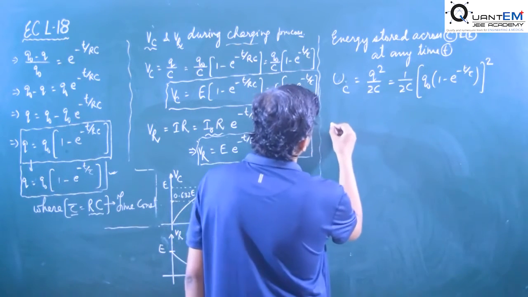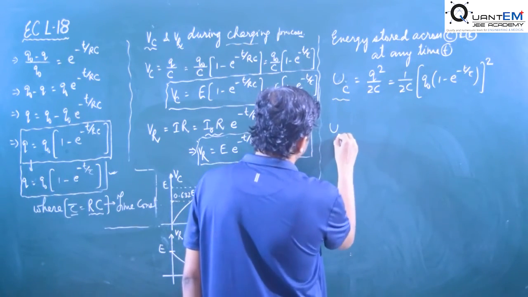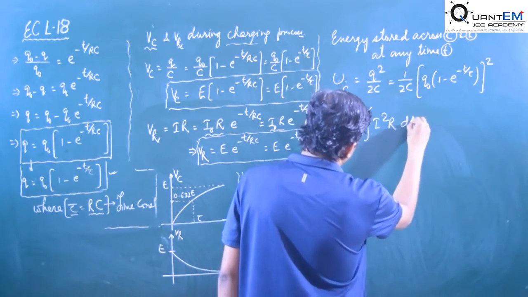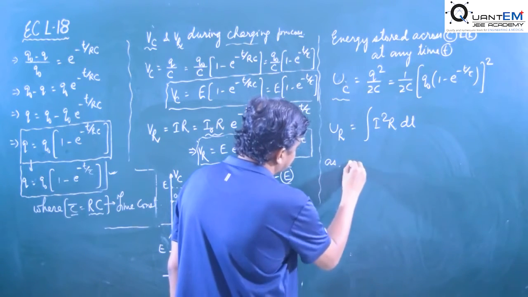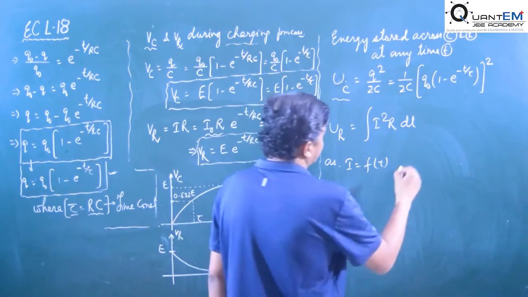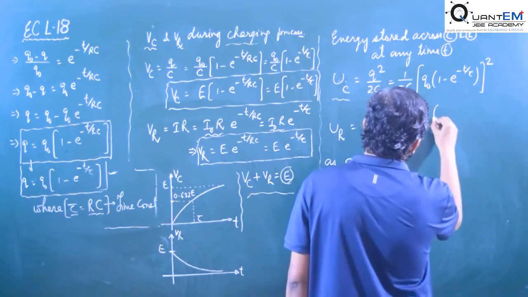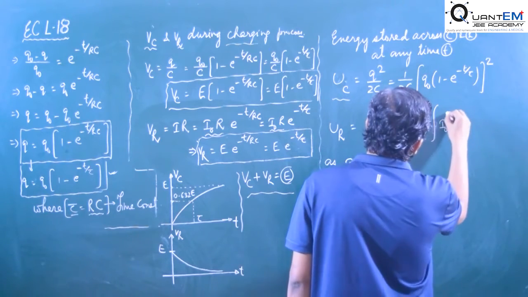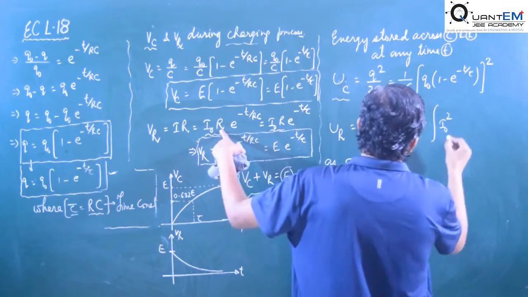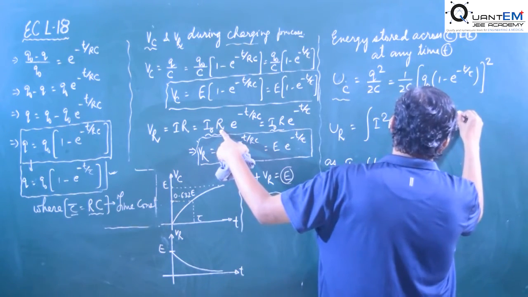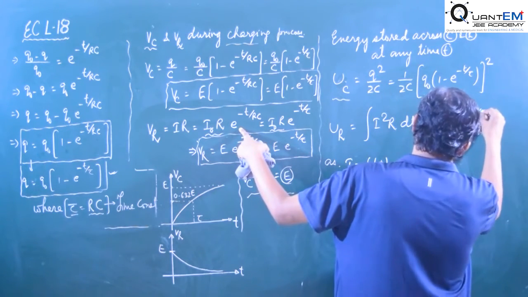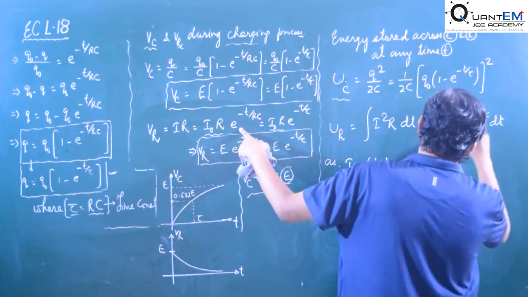Now the energy across the resistor, UR. It will be the integral of I square R dt, as I is a function of what? Time. So it will be the integral of I naught square e to the power minus 2t by tau, times R dt.